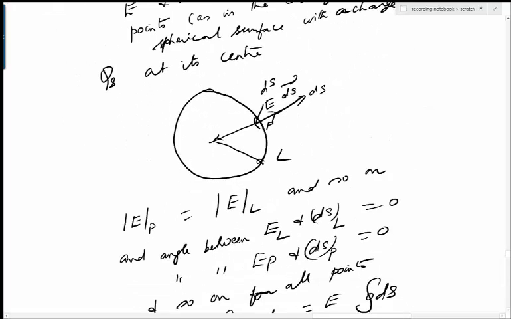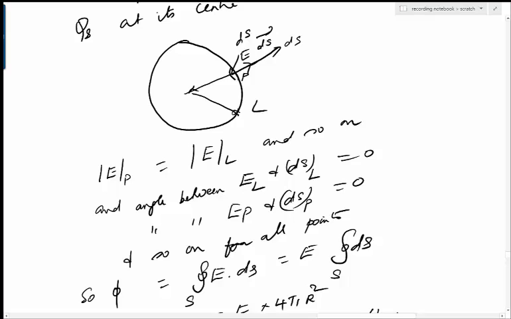Okay. Now, see here the modulus of electric field at P is equal to the electric field at L, because all of them are equidistant from the center, namely the radius of the sphere.